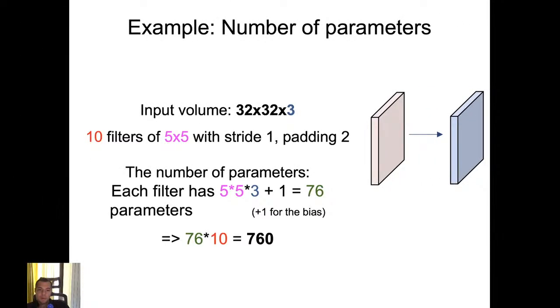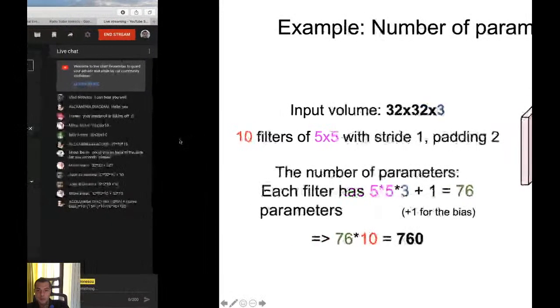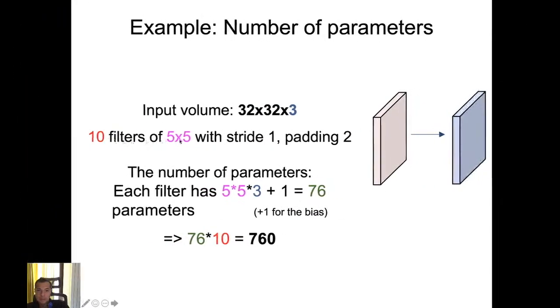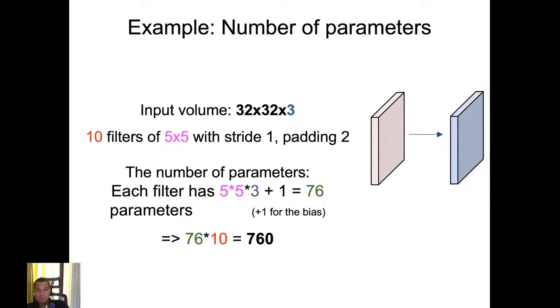Yeah, so the total number of parameters is 760. This is because the filters have a spatial support of 5 by 5. John was almost right on the answer, but he forgot that the filters apply on the entire input volume.